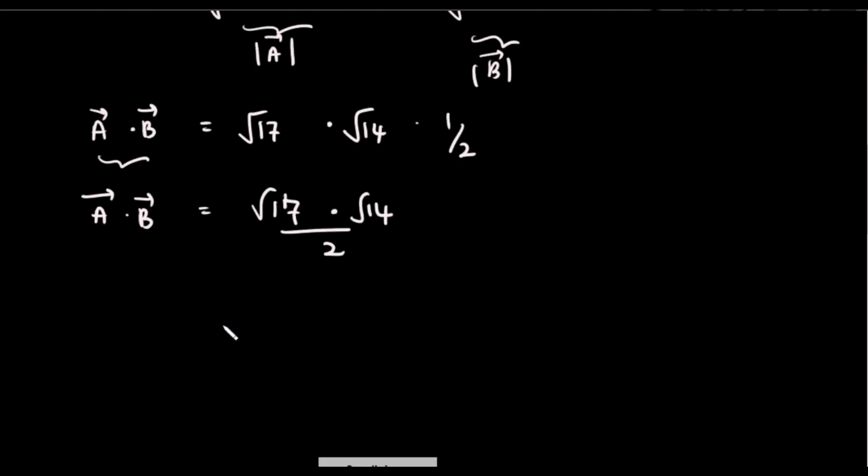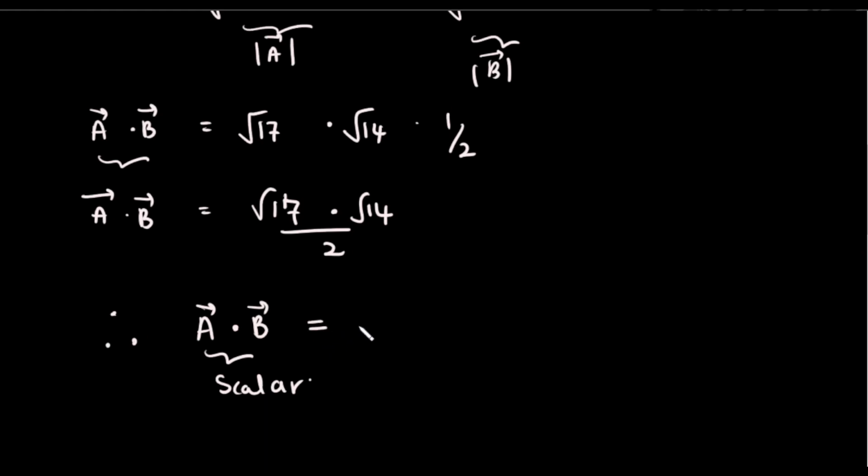Now A dot B is going to be a scalar. That means it has a magnitude, but a scalar doesn't have a direction. When you take the scalar product between two vectors, you get a scalar, which has no direction, so it only has a magnitude. When we have a scalar, we are not considering direction.